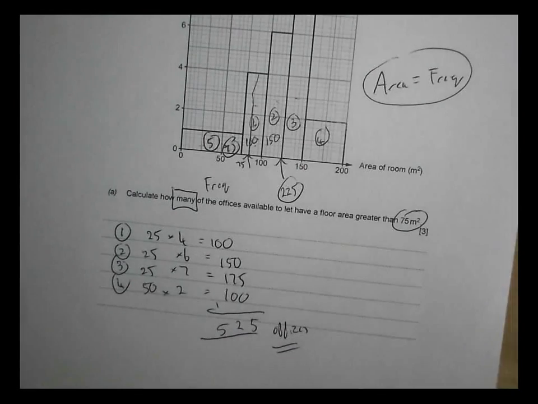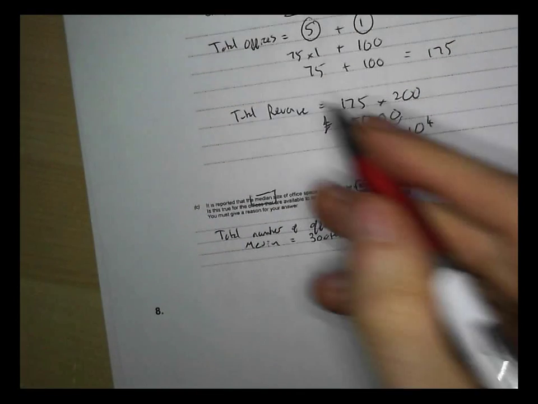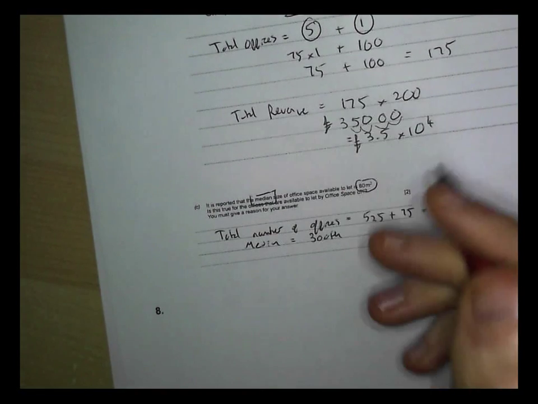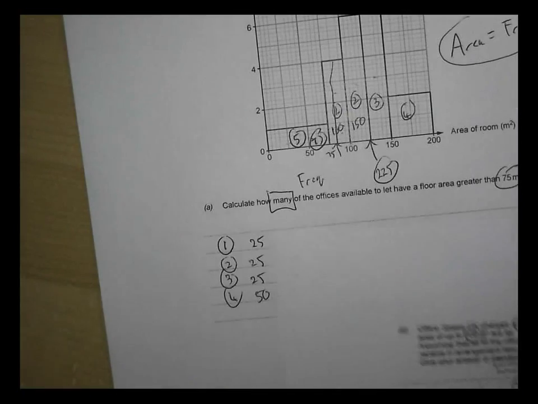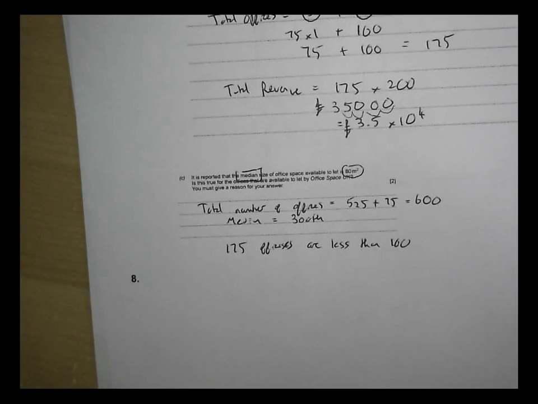So I'm going to write down for this little bit that I nearly missed. Let's have a look. So median will be the 300th office. I'm going to put 175 offices are less than 100 metres squared.